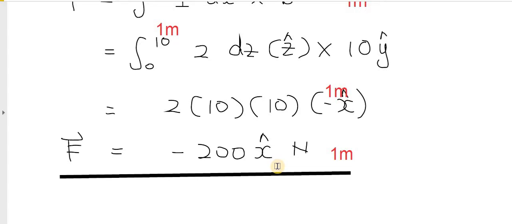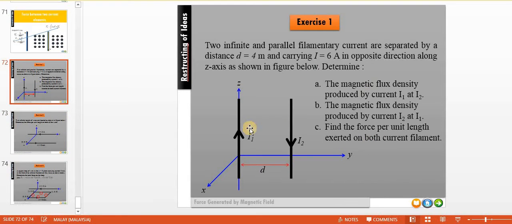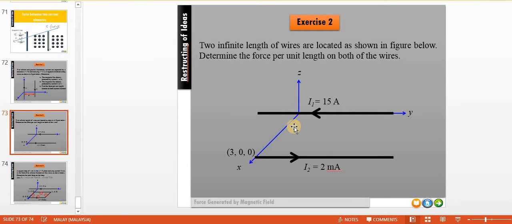Let's move on to the third question. So this is your third question, very similar to this one. I have explained this in the lecture video. We will look at this one. You have 2 infinite length wires. They are located as shown in the figure here. So you have to determine the force per unit length, which means that it is F over L on both of the wires.